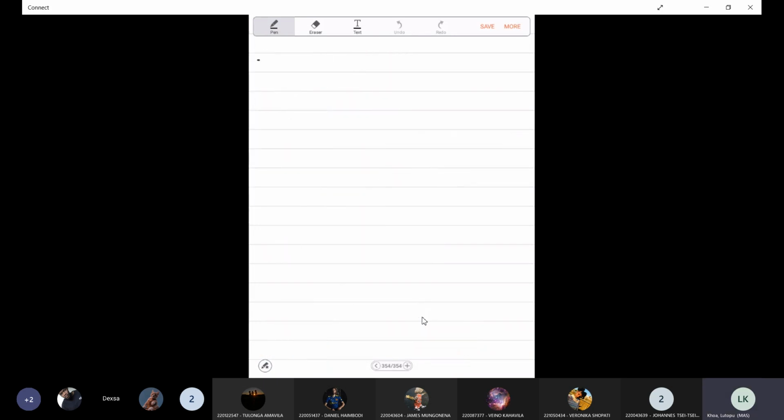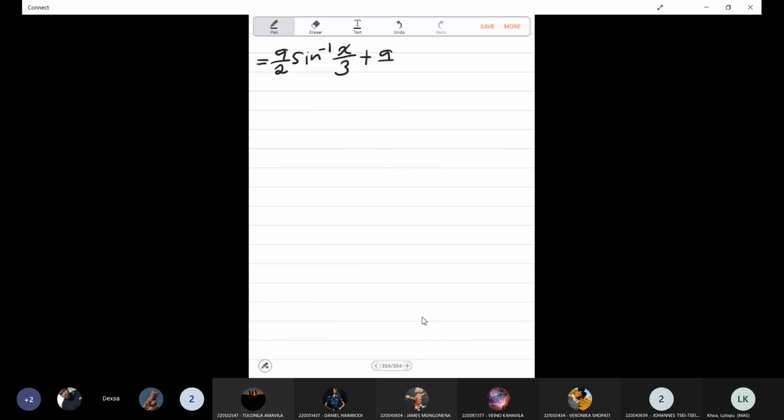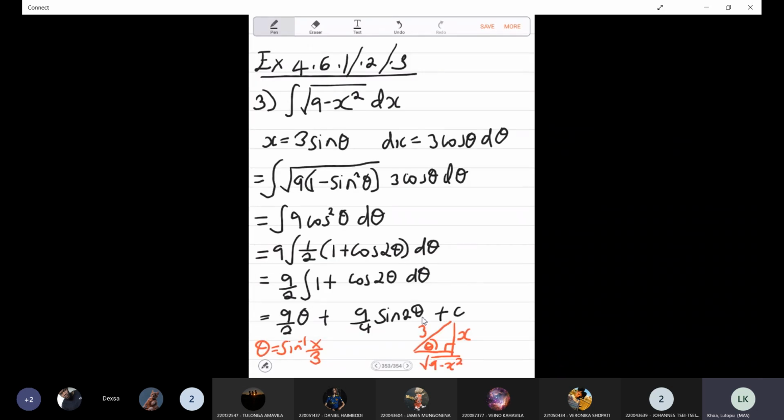So this is 9 over 2 times theta, we said is sine inverse of x over 3. And then we have 9 over 4 times 2 times sine theta. Sine theta is x over 3.